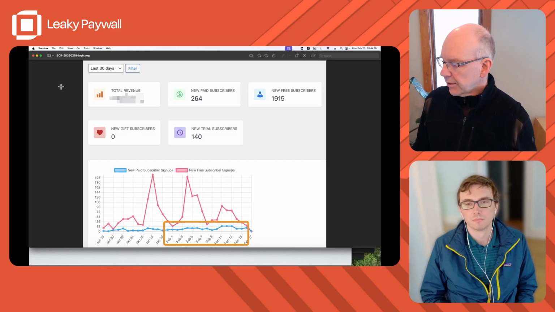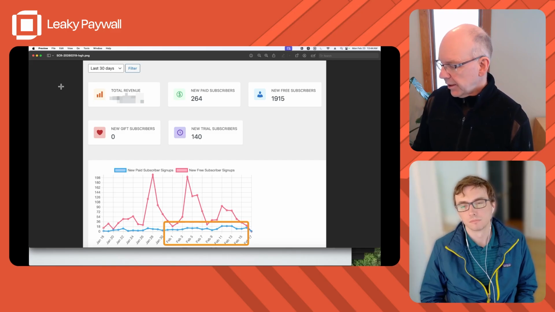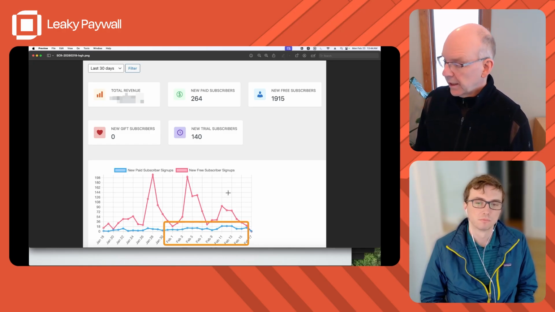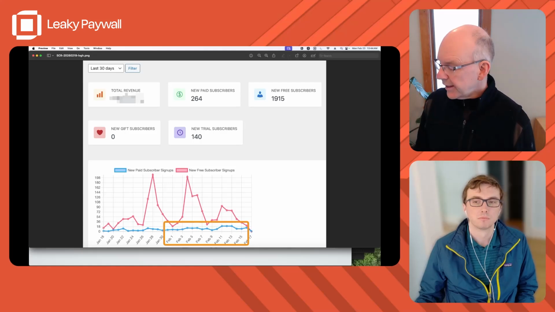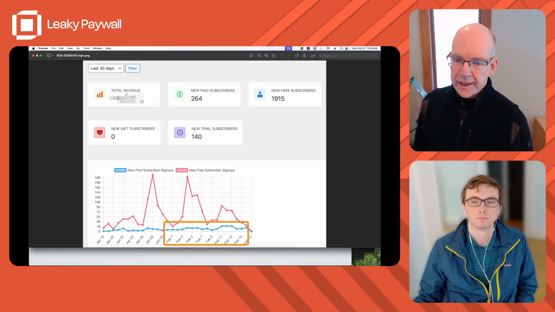Okay. So this is a chart of their free registrations and paid subscriptions. The red line is free registrations. You can see every time the newsletter goes out what happens. It peaks like crazy. And then the blue line is paid subscriptions. Now, what they did is they sent out this campaign over a 16-day period.